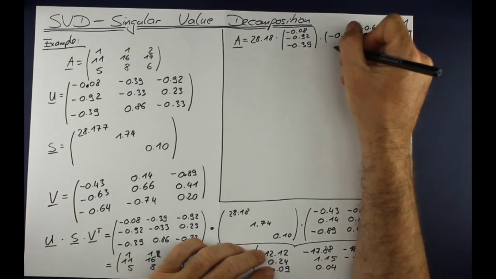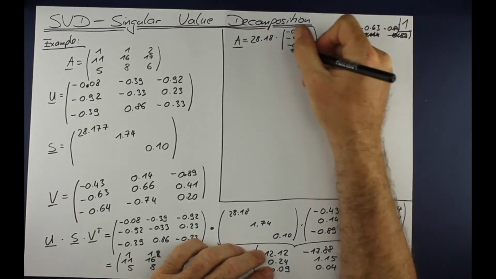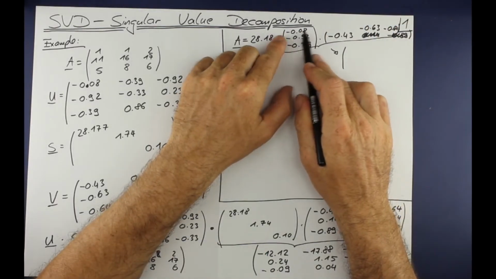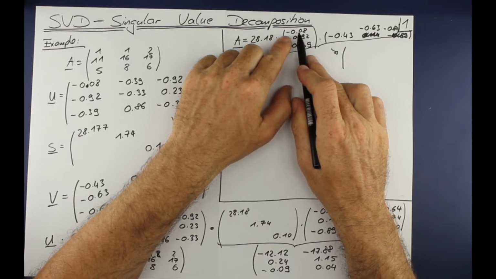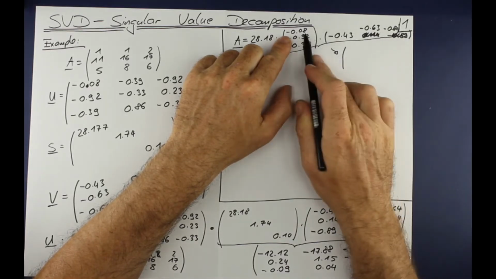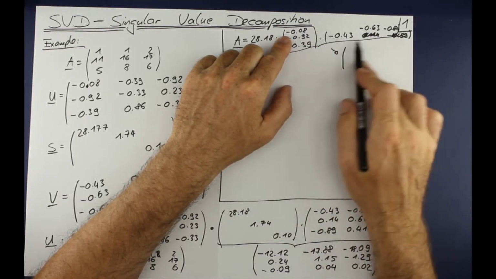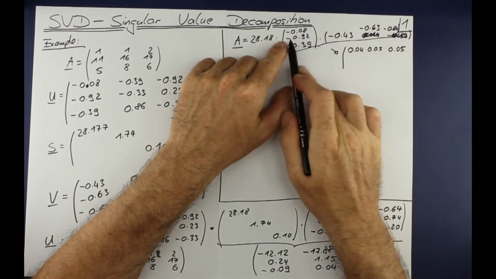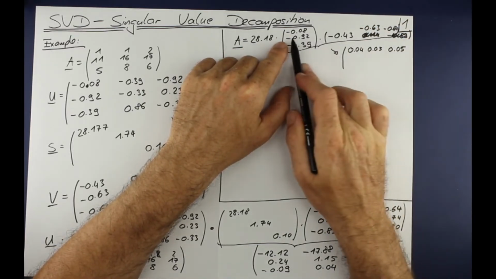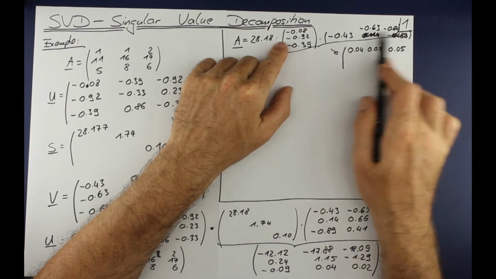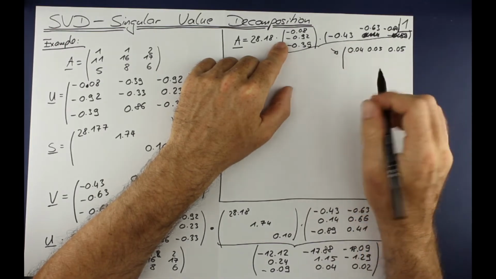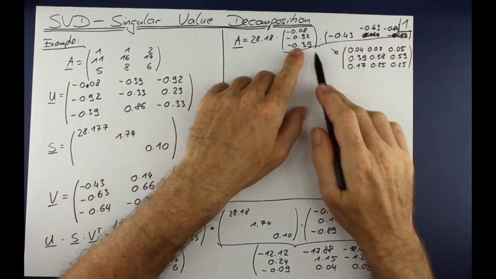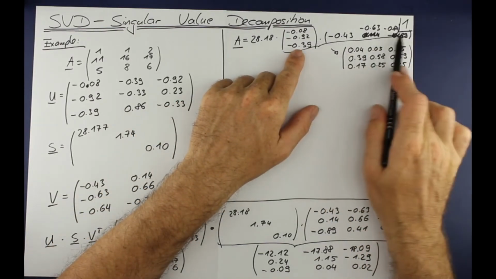In that case, if we do that multiplication, then we get 0.08 with the minus on top times that line. So this is more or less a tenth of that line. And then the second line is this times that, which is more or less 1, so that is more or less a copy of that line. And in the last line, it's a little less than half that line.